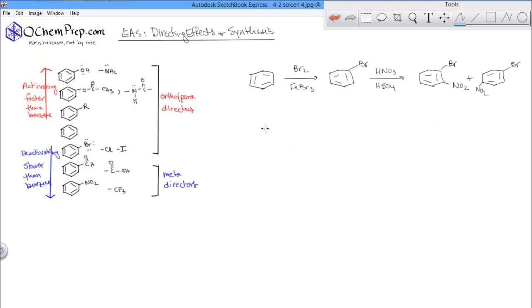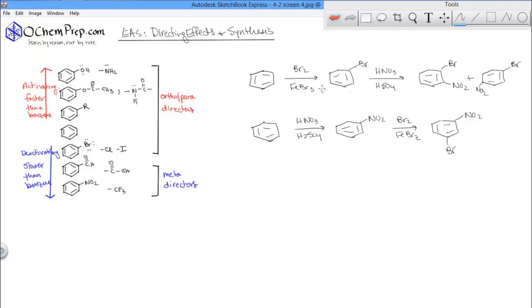But if we did it the other direction, if we took our benzene ring and added our nitro group first, then we're putting a meta director on the ring first. And then if we add the bromine to it afterwards, we will only get one product, which would be meta-bromonitrobenzene.